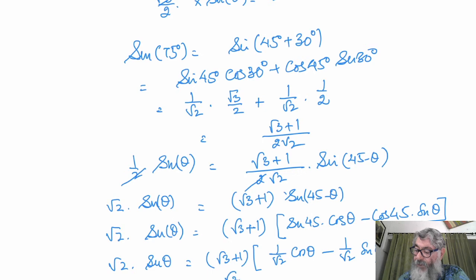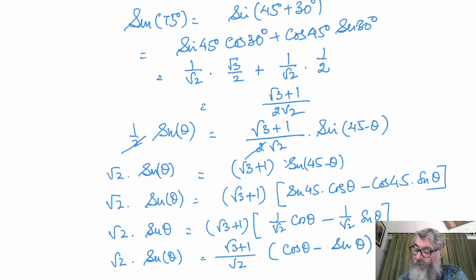Root 2 can go to the other side, so it becomes 2 sine theta equals root 3 plus 1 cos theta minus root 3 plus 1 sine theta. Now let us bring the sine theta terms to one side and the cos theta terms to the other.